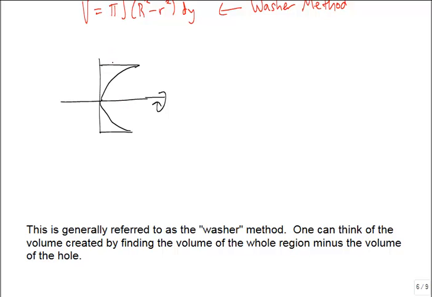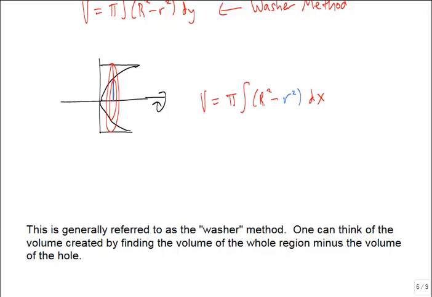So we can think of a big disk with a smaller disk inside, which creates this washer shape, and this volume would be pi times the big R squared, which would be this whole big radius from here to here, minus the little r squared, which would be just this distance right here. And this is going up and down vertically, cutting the x-axis, so this would be a dx integral.